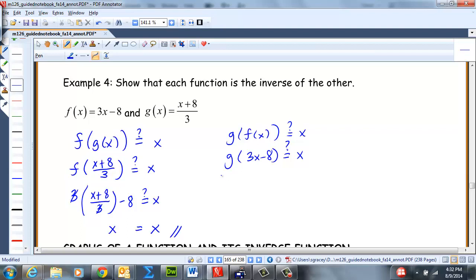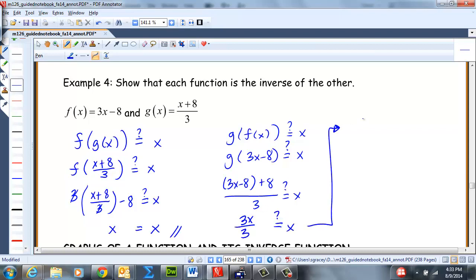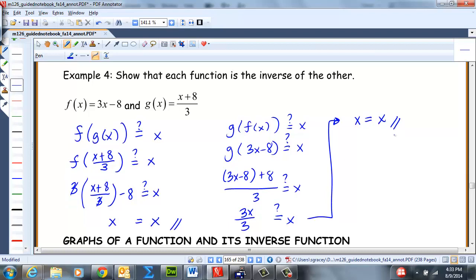So (3x minus 8 plus 8) all over 3, is that equal to x? Well, 3x minus 8 plus 8 is 3x, divided by 3. Is that equal to x? x equals x. So we have verified that the functions are inverses of each other.